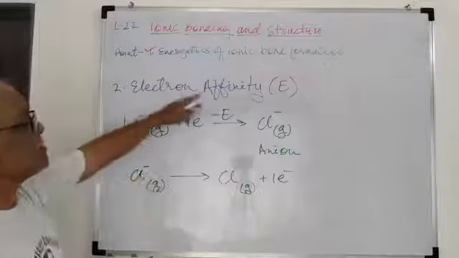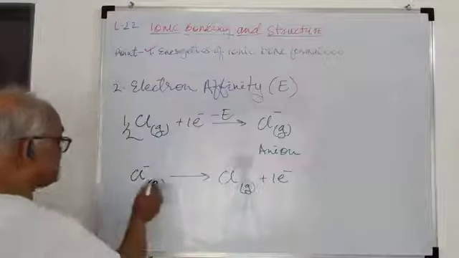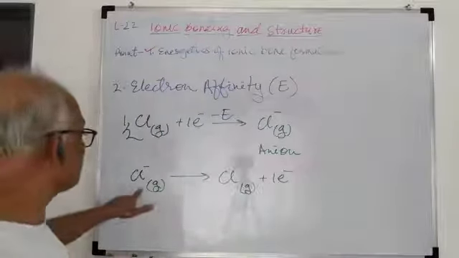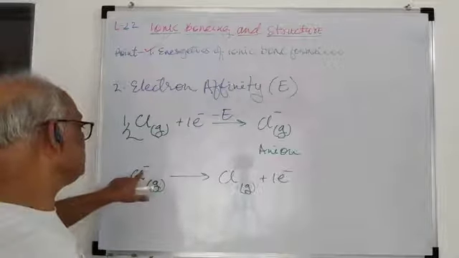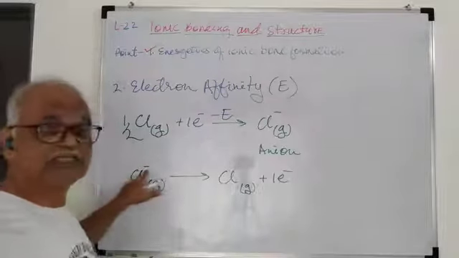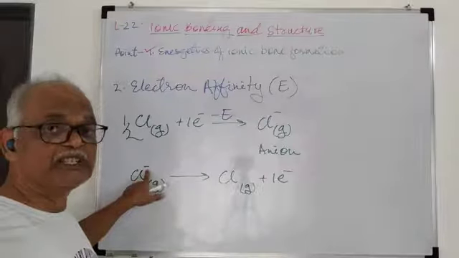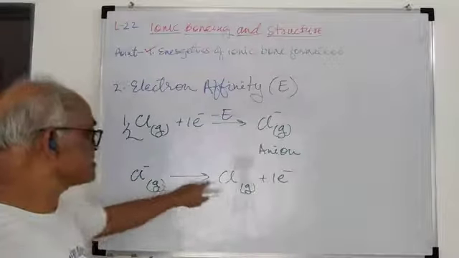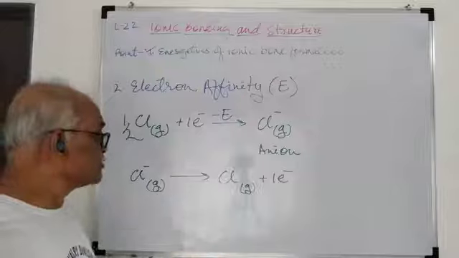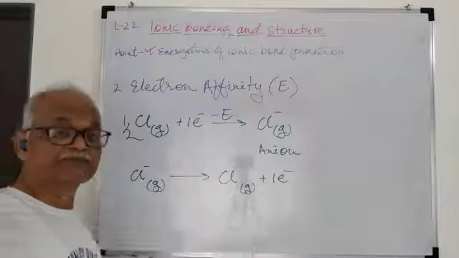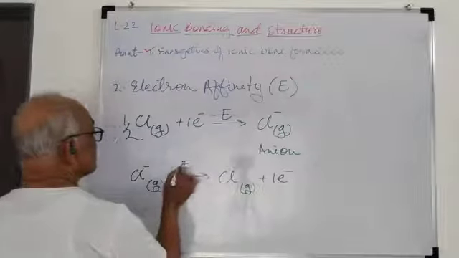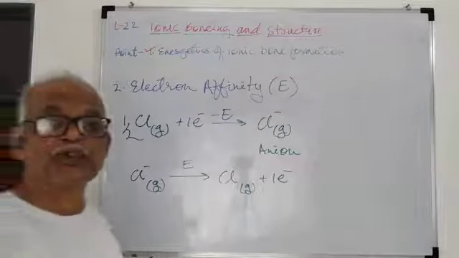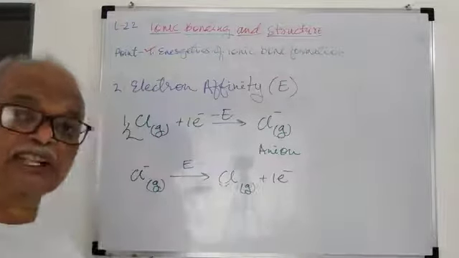Electron affinity is also defined as the amount of energy required to remove the outermost electron from the negatively charged ion in gaseous state to form a neutral gaseous atom. This is also called E, but we are not showing any sign.